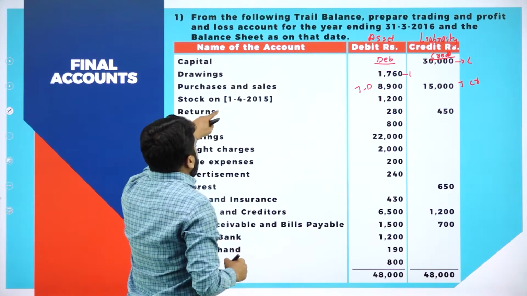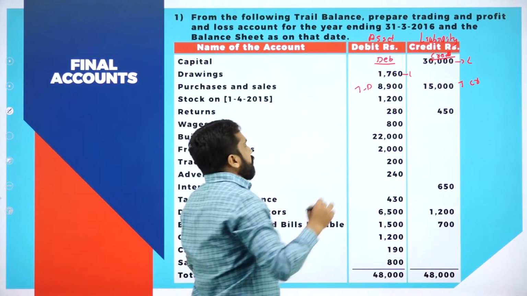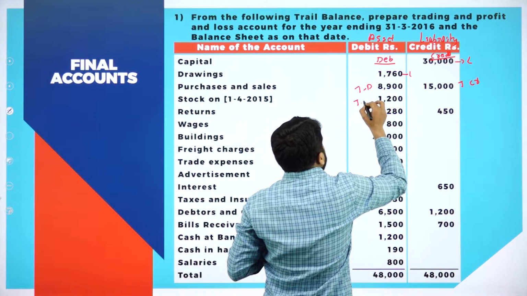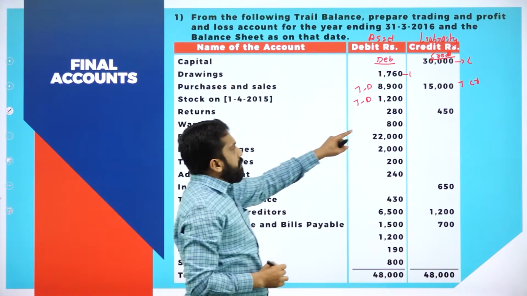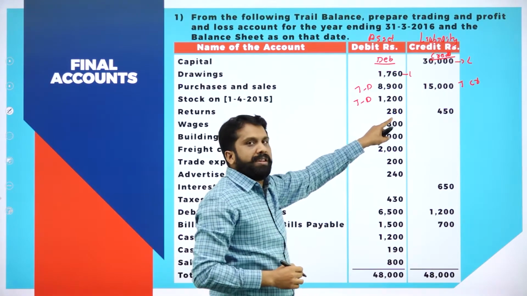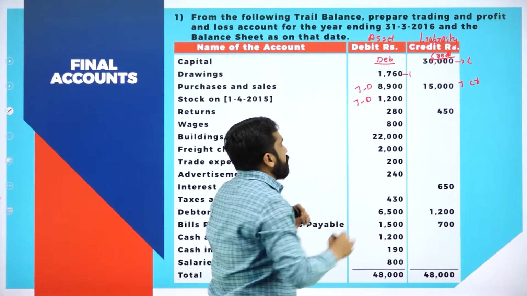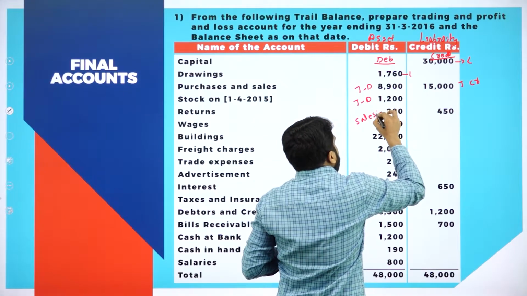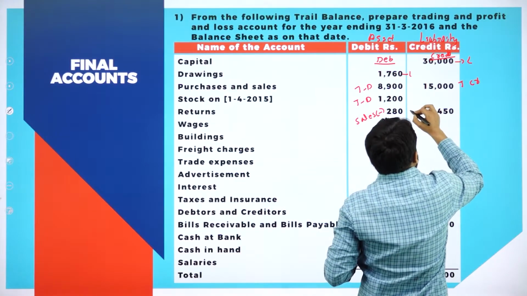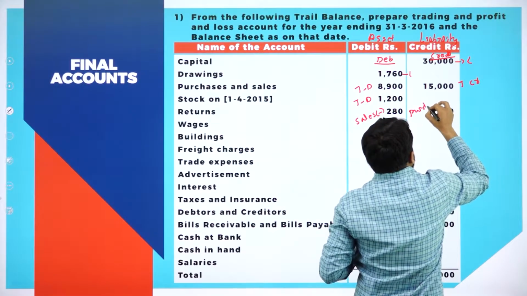Now, opening stock. Where opening stock comes? Trading account, debit side. Your returns: if it is debit side, it will be sales return, so you have to minus from sales. This will be minus from purchase.